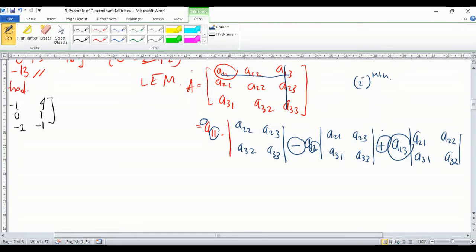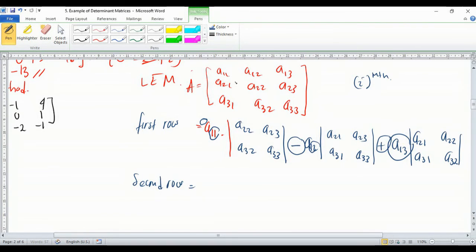Miss, how about if I use the second row? Actually, you can. This is from the first row. If you want to use the second row, it doesn't matter. You can use the second, you can use the third. Okay, let me write the second row.